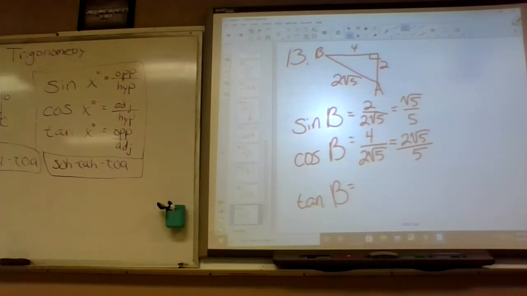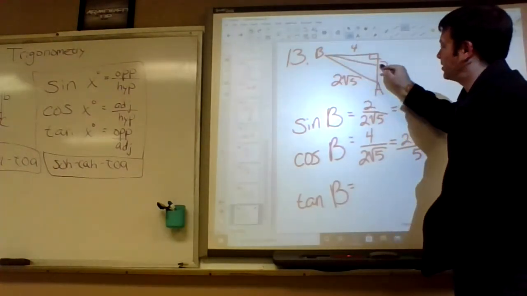Alright, tangent of B. Tangent is opposite over adjacent. So Jordan, what's the opposite of angle B? Not angle, sides. What side is opposite of angle B? Opposite, directly across from.